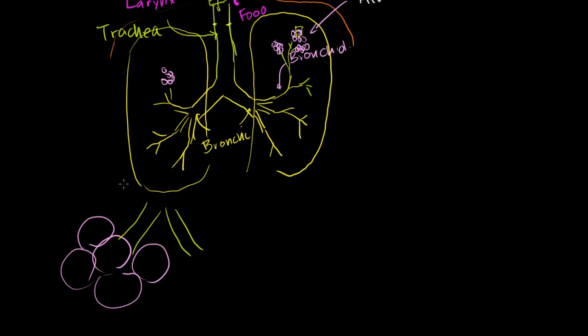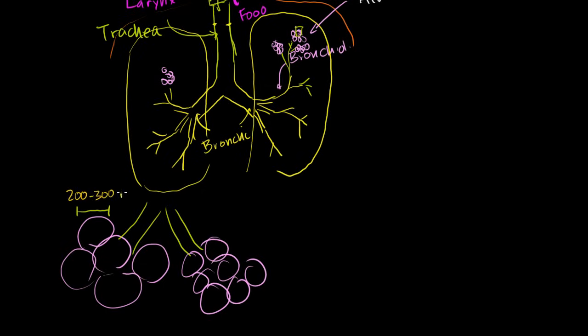Maybe a bronchiole is terminating in another air sac, just like that. Another set of air sacs just like that. Each of these are only 200 to 300 microns in diameter. So that distance right there, let me switch colors. That distance right there is 200 to 300 microns.